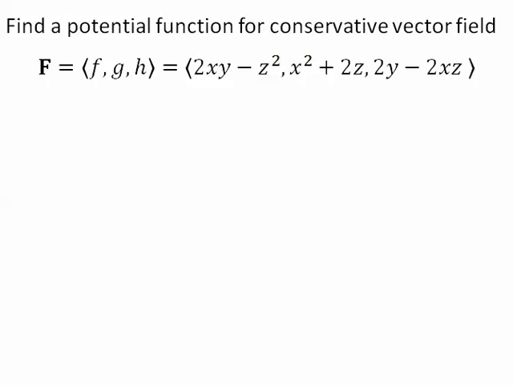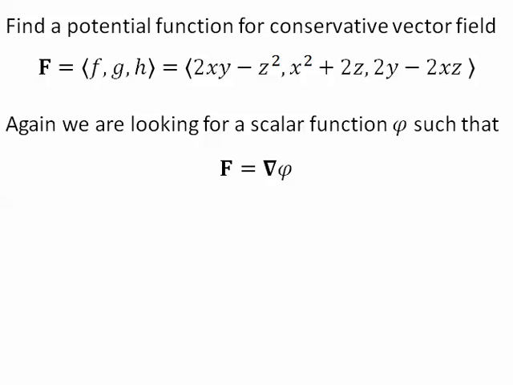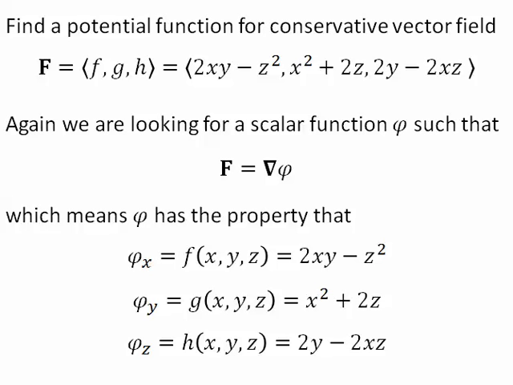We're going to find a potential function for this conservative vector field. Again, we are looking for a scalar function phi such that F is the gradient of phi, which means that phi has the property that phi partial x is f, phi partial y is g, and phi partial z would have to be h.